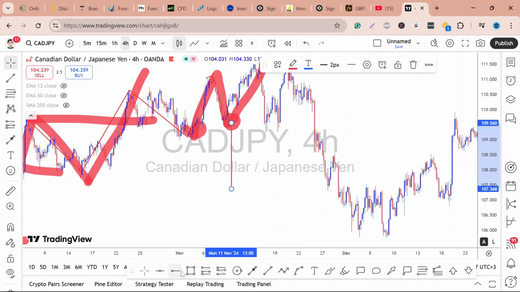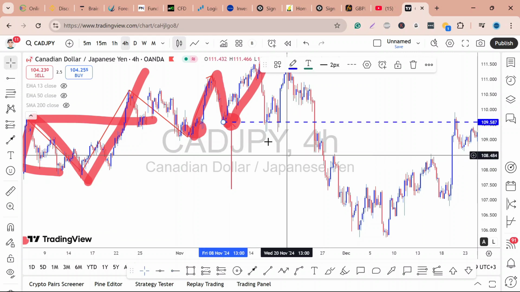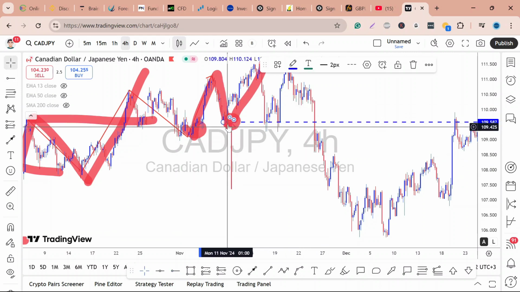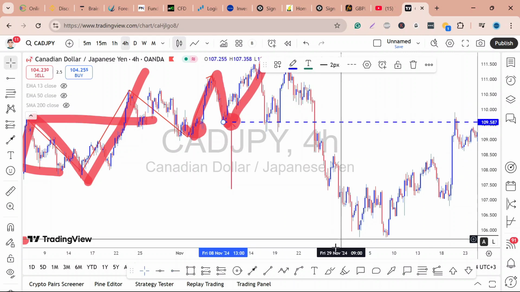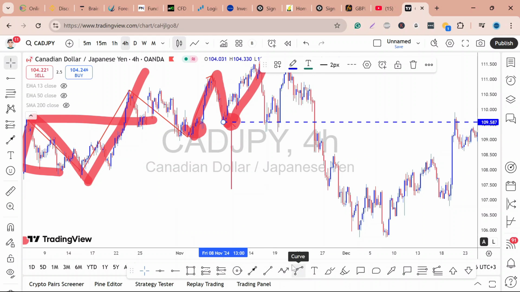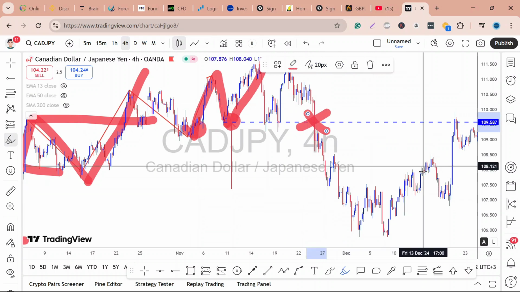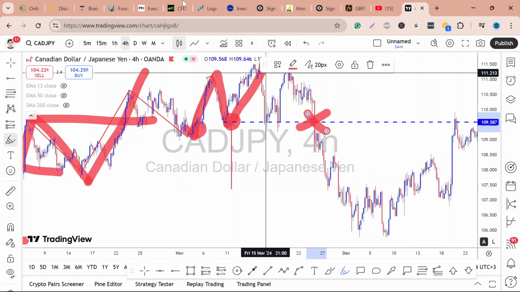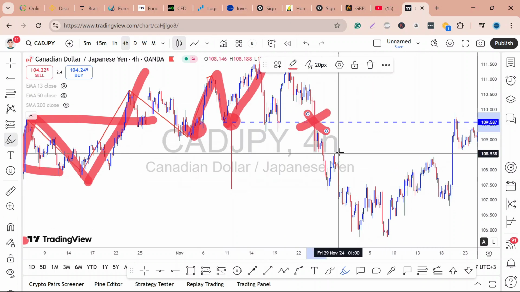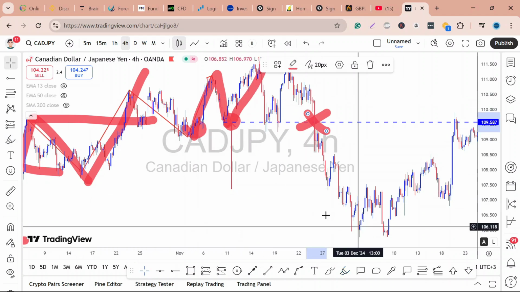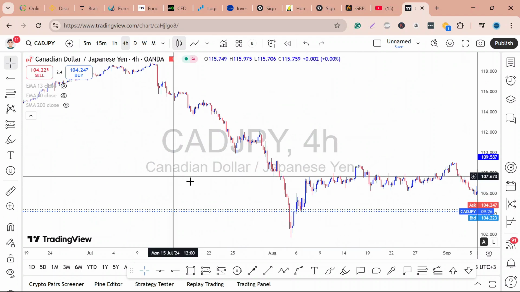Once we get a break of the last higher low, it means the market has shifted in direction, or the change of character has happened. So at this point we have this break, then we start looking for sells, the opposite, or rather a change of direction of the market from uptrend to a downtrend. I hope this has been clear for you.